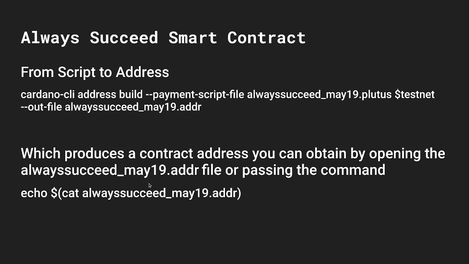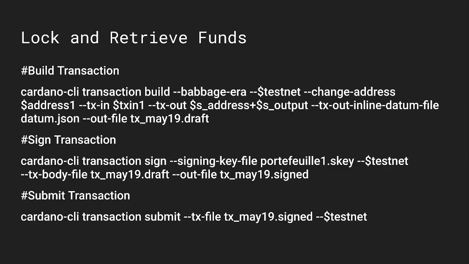And once we have this address, we can see what is the value of that address, and we can now start sending funds at that smart contract address. In order to lock and retrieve funds, there are three main steps: construct your transaction, sign it, and submit it. To build the transaction, we use the Babbage era, the network we are on, your change address, and input for paying the fees or sending the funds at the smart contract, and the output at the smart contract with the value you're sending.